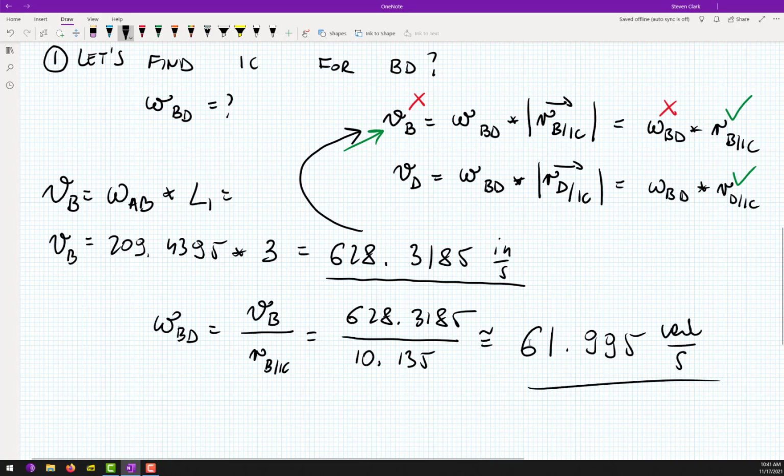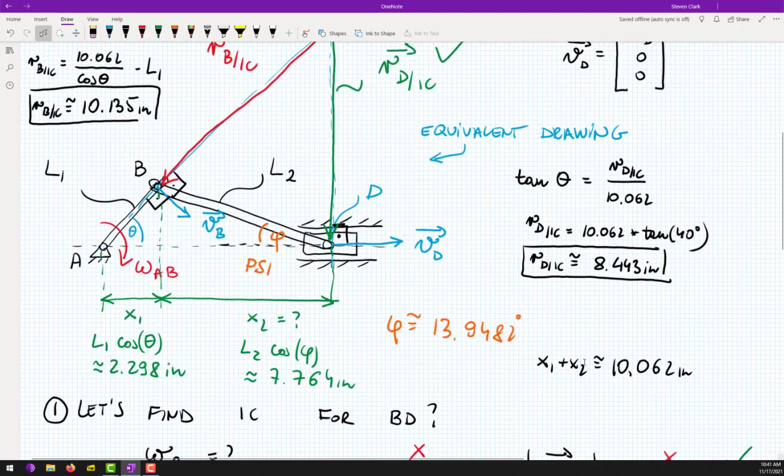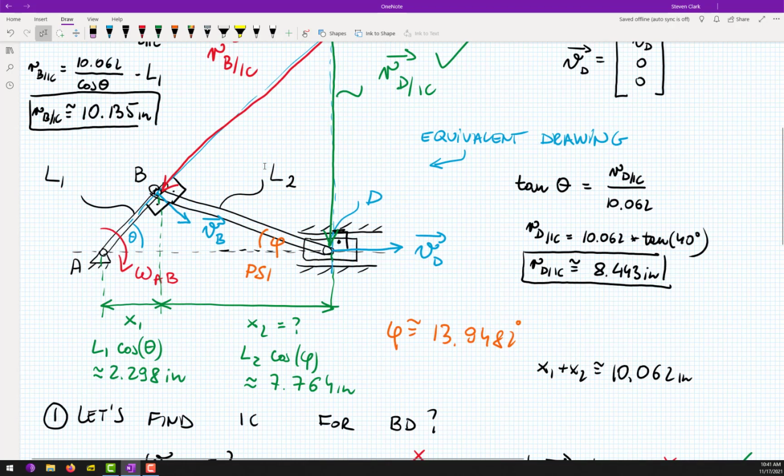Great. So we know omega of this body, and that body will definitely rotate this way. So that will be omega BD.